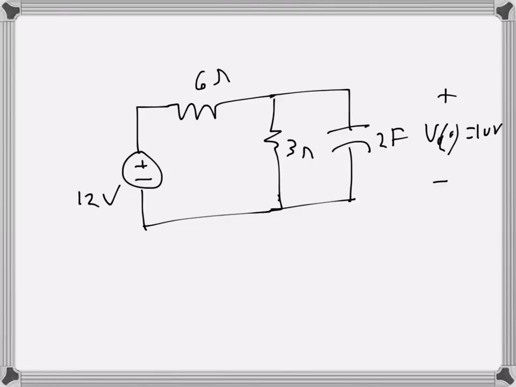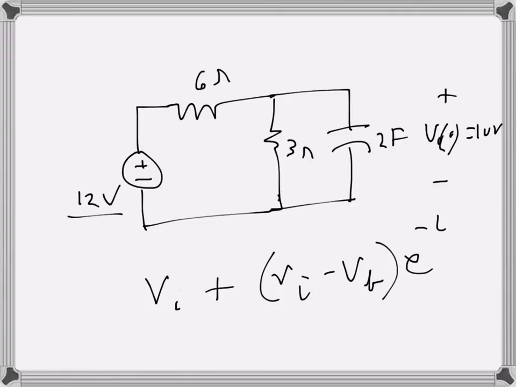So we need to find the current, but in order to find the current, we need to find the voltage expression across the capacitor. For this situation, there is a source present, so we can use the formula. We have two formulas. One is final value plus Vi minus Vf times e to the power minus t over RC.